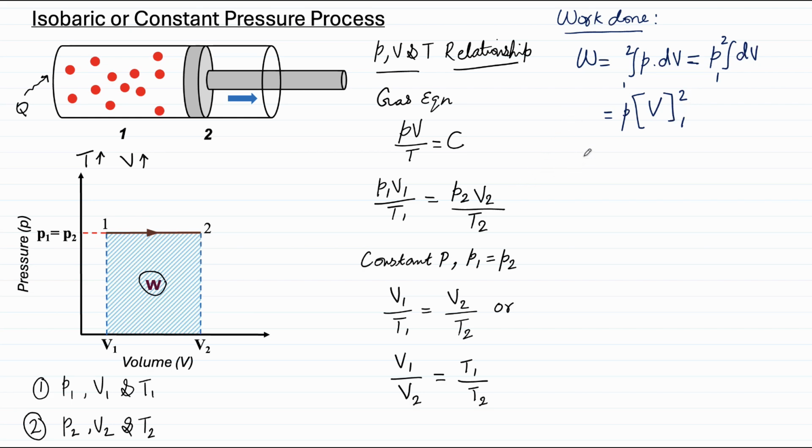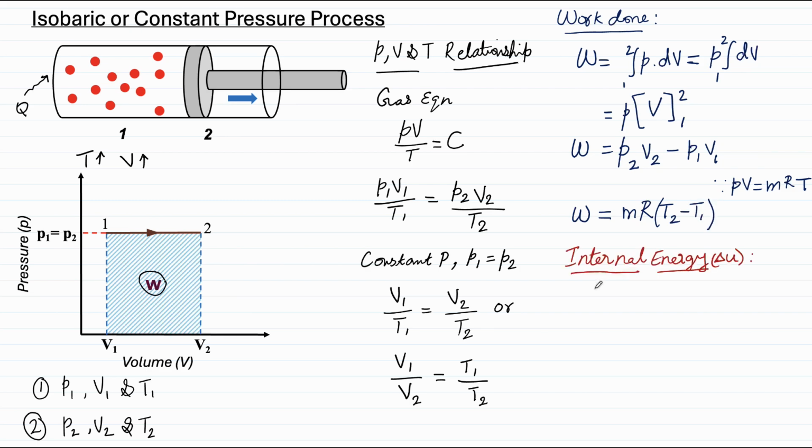So we can finally write this expression as the pressure volume product at state 2 minus the pressure volume product at state 1, that is P2 V2 minus P1 V1. And since PV equals mRT, we can rewrite this expression as work done is equal to m R times the change in temperature.